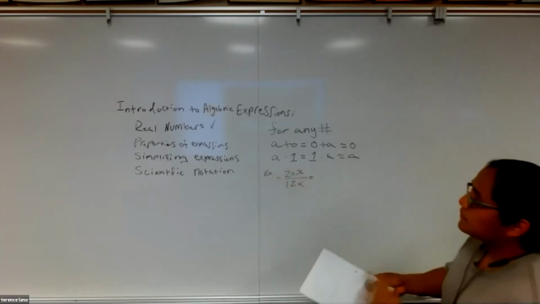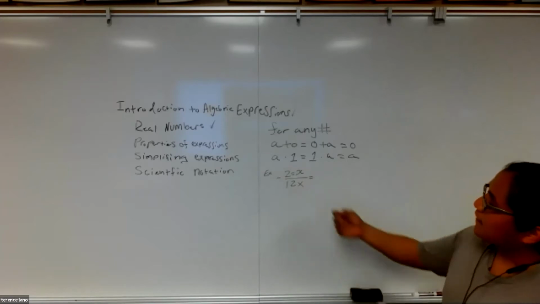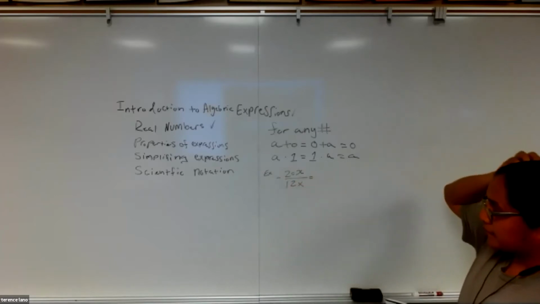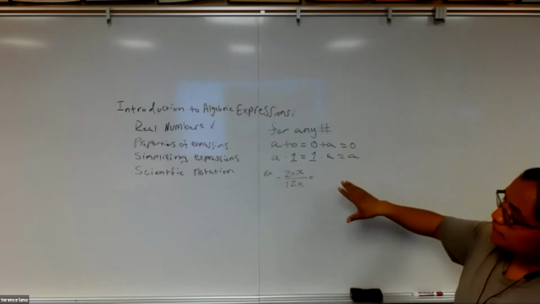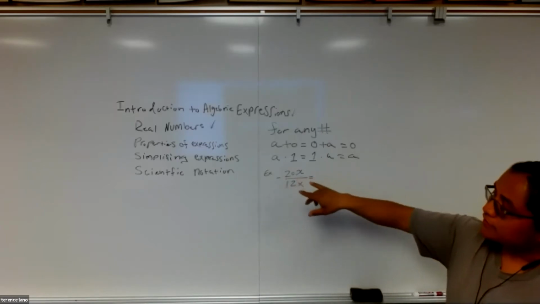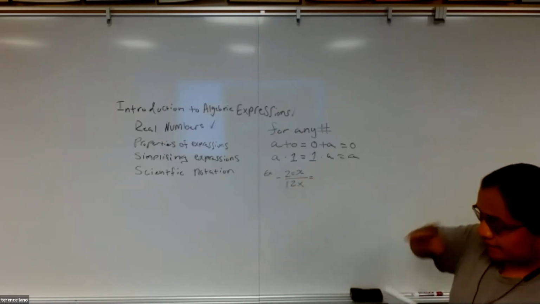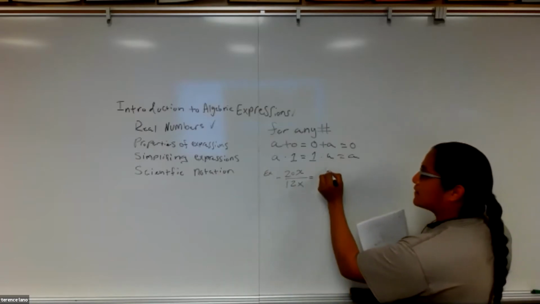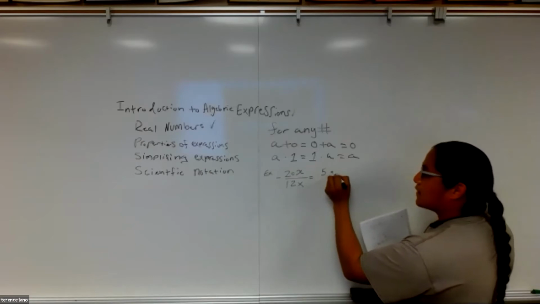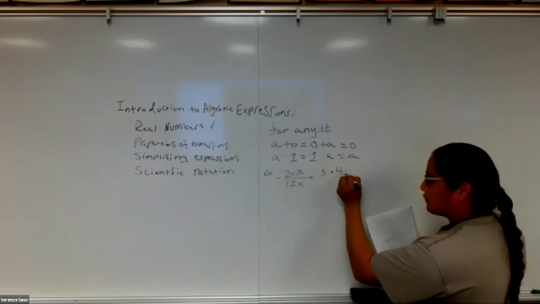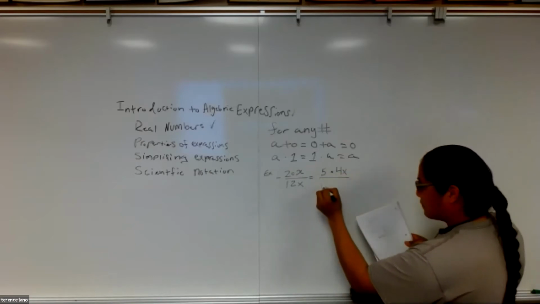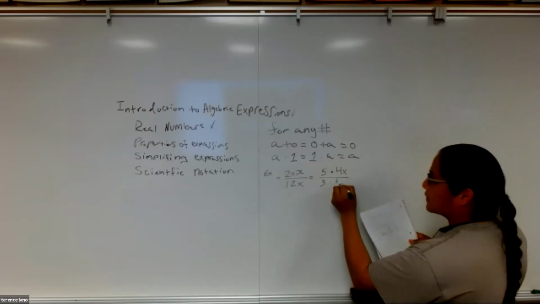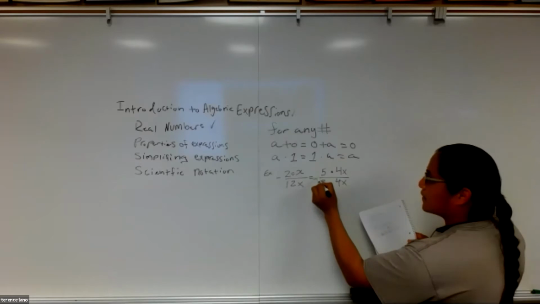We're going to break it into two multiplication examples, so we can rewrite it as 5 times 4x over 3 times 4x, negative.